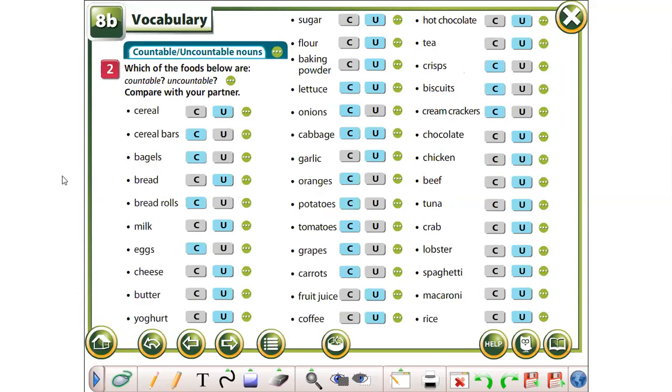No, tea is uncountable. So what are the words that we use for uncountable? I have a tea. But remember, a is the same as one. So, I have some tea in my kitchen.